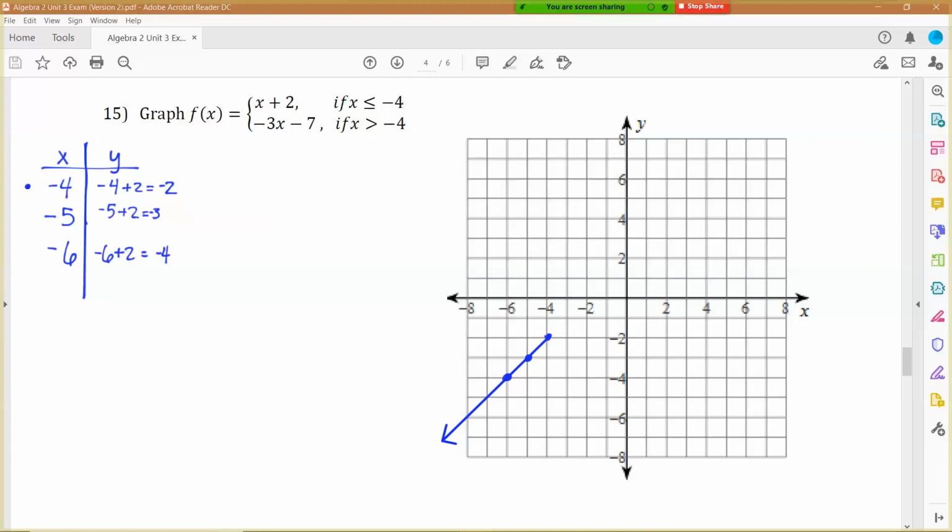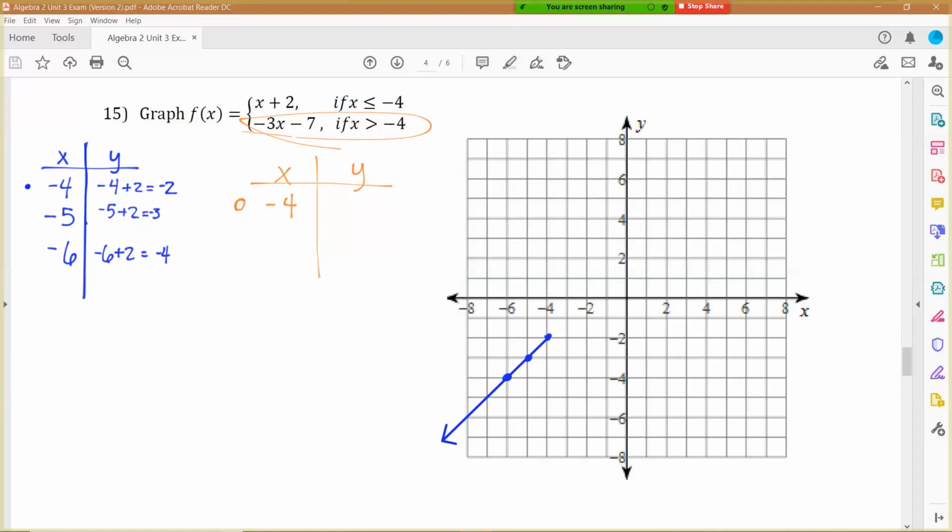We're going to repeat this exact same process with the bottom part. My constraint is x must be greater than -4, and then I'm going to use -3x minus 7. So in my xy table, I'm going to start with -4, but when I graph -4, will it be open or closed? Open, because it doesn't equal it.